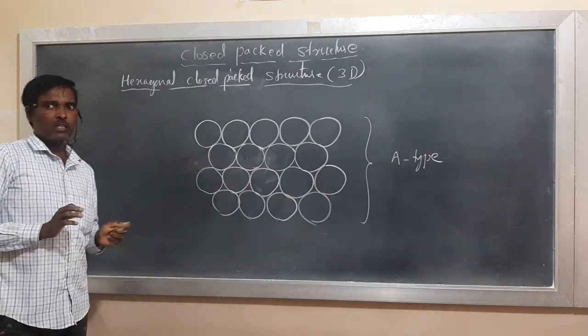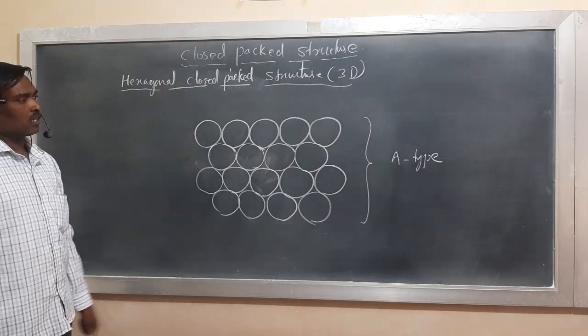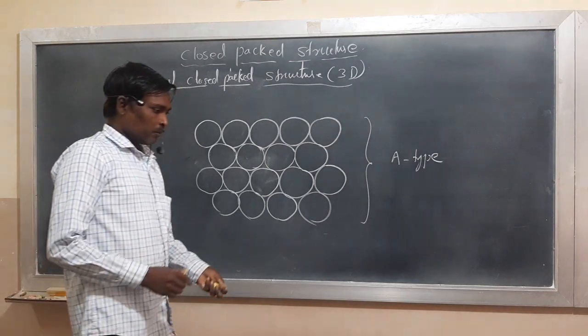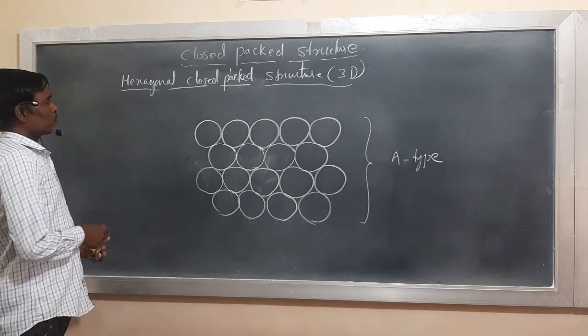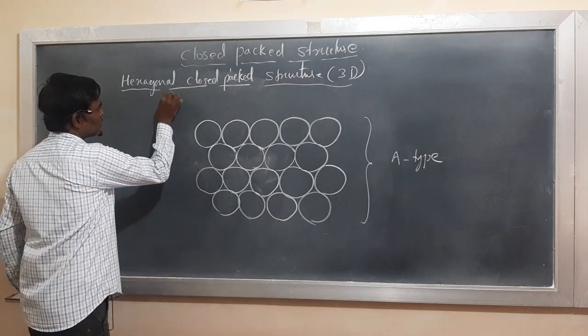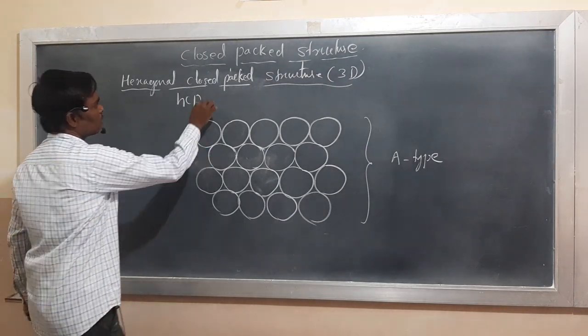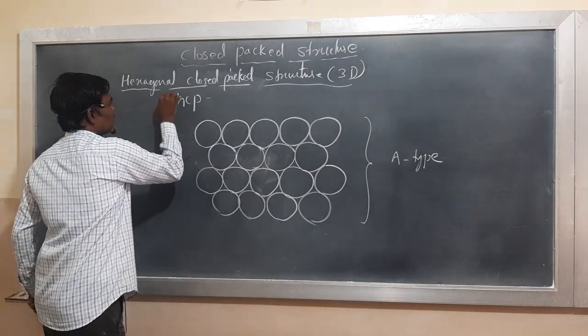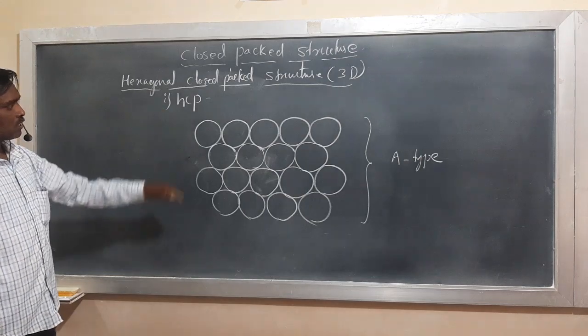So it will give me the complete 3-dimensional arrangement in hexagonal close packing structure. See, the arrangement is of 2 types. One is hexagonal close packing, also called the HCP structure, and another one is cubic close packing. Let me discuss HCP first.